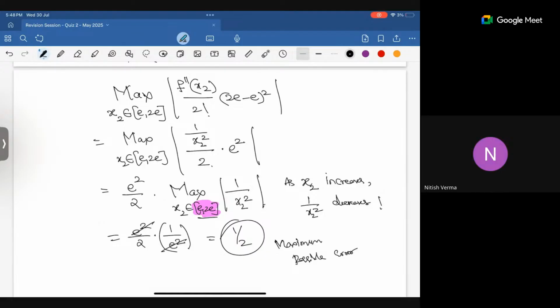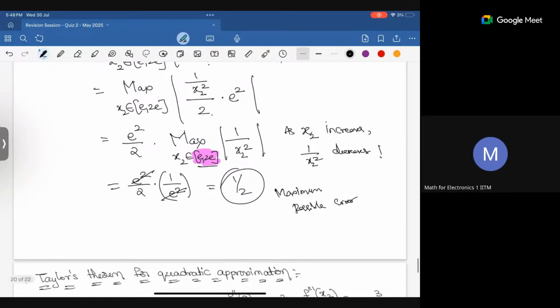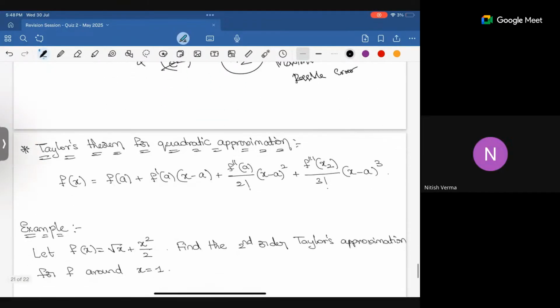So there's no need to add or subtract the error. We are not worried about whether the error is more or less. Okay, sir. All right.